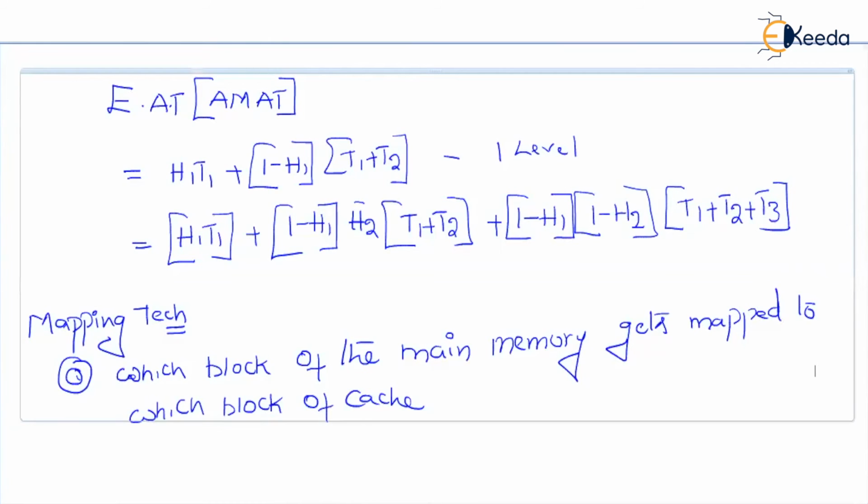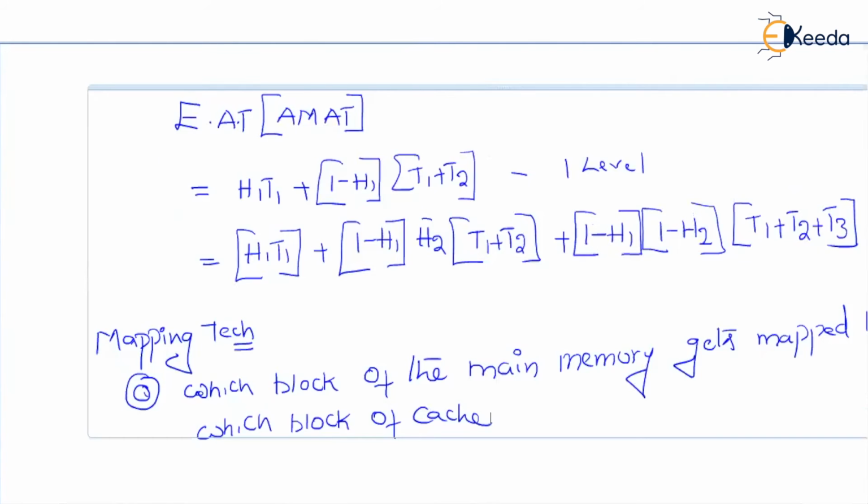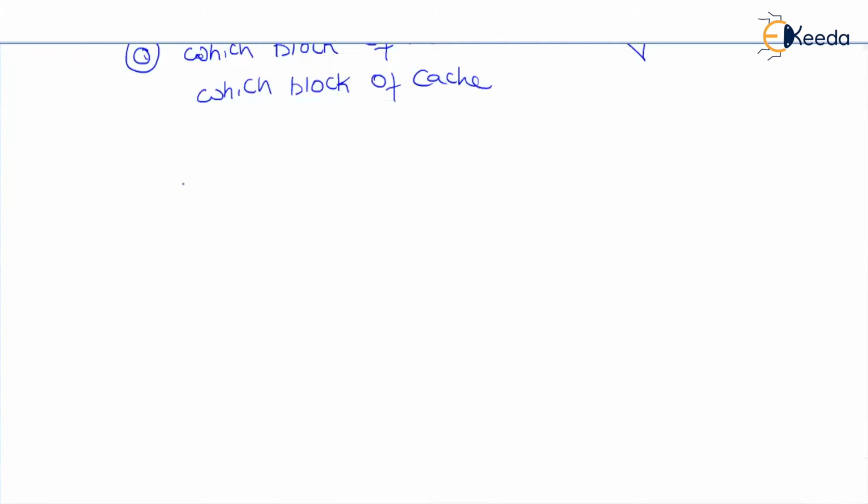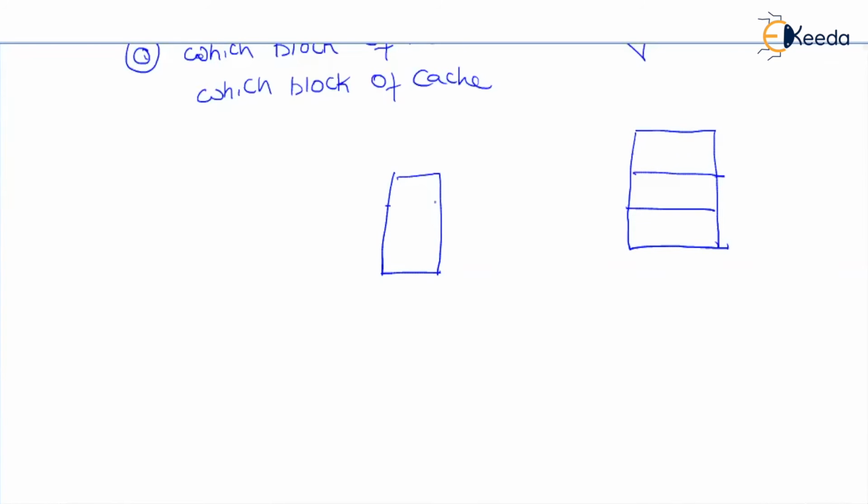So let us understand that. Main memory is of a few blocks and cache memory is of a few blocks. But every block in the main memory will have a corresponding block in the cache memory because of the index rule, right?